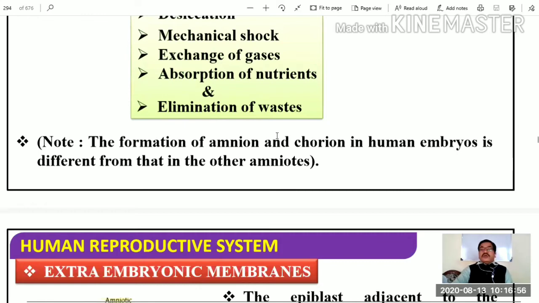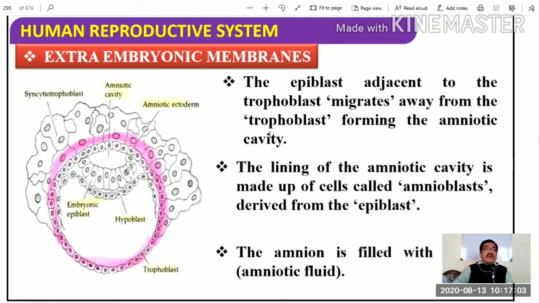Then the extra-embryonic membranes also consist of the amniotic cavity, then the amniotic ectoderm, which is the outer layer, and then the syncytiotrophoblast, also shown in the second layer. Yes, you can see. The epiblast adjacent to the trophoblast migrates away from the trophoblast, forming the amniotic cavity. So when there is an amniotic cavity, the amniotic ectoderm will form.